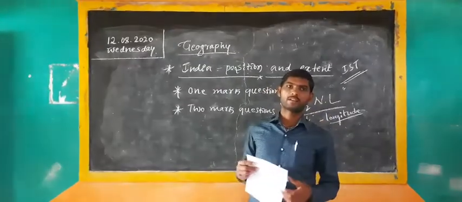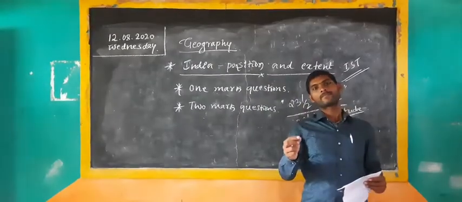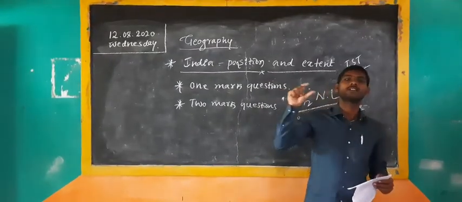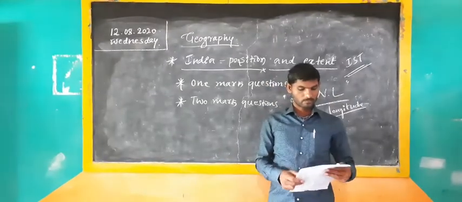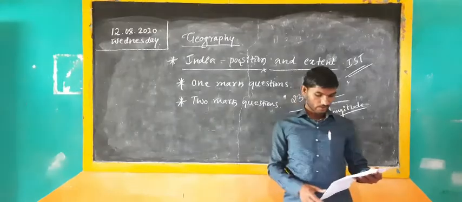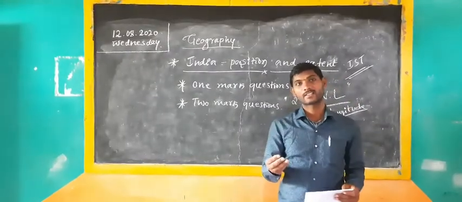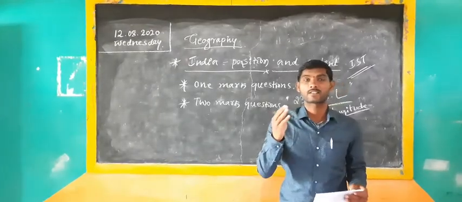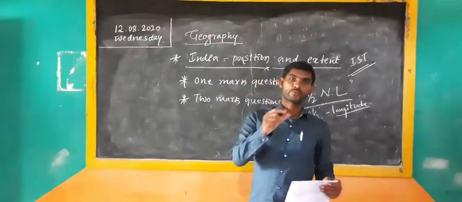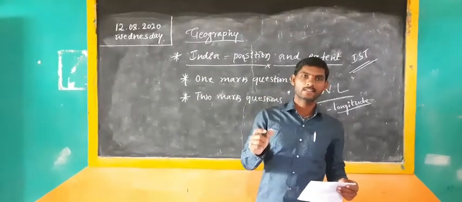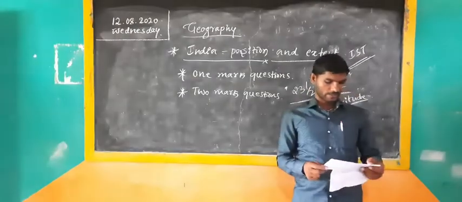You have to mention them with directions. The next one. Which are considered as important boundary lines of India.